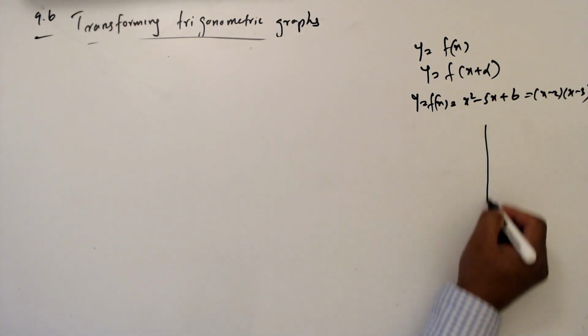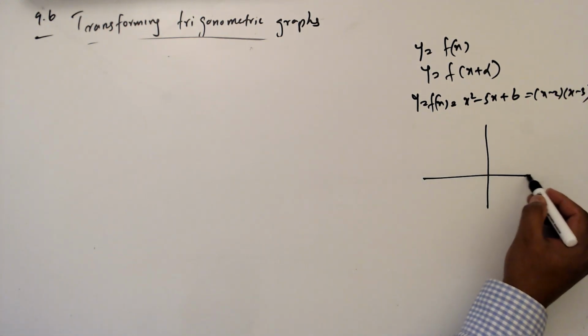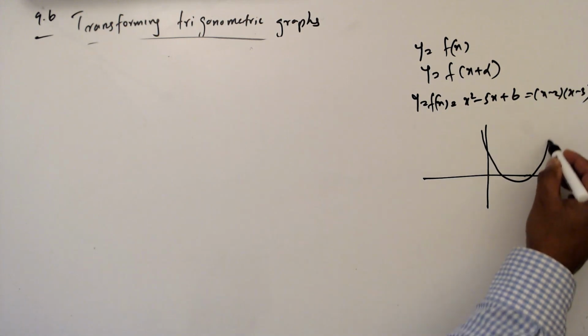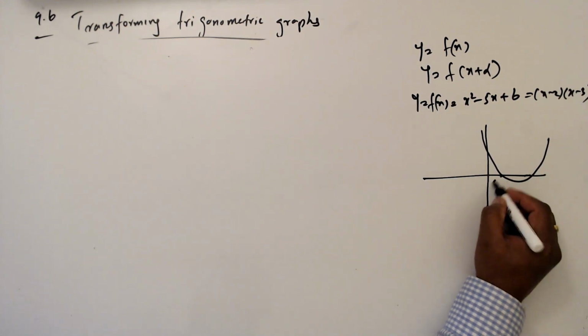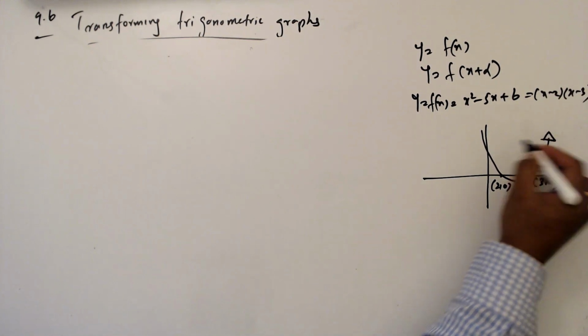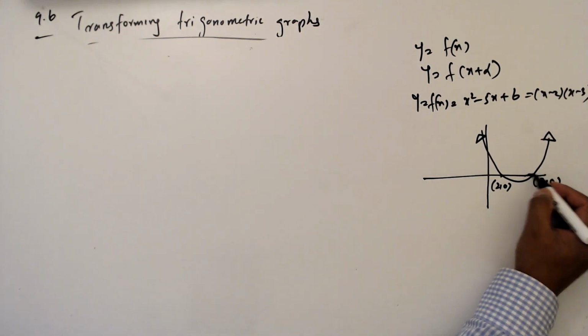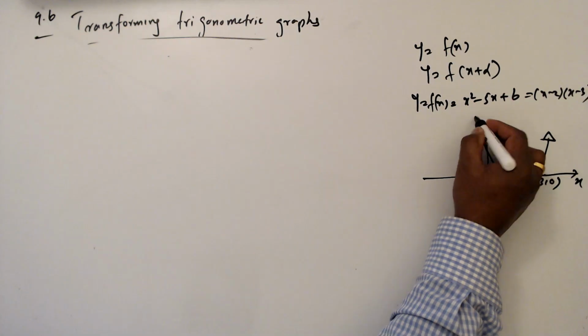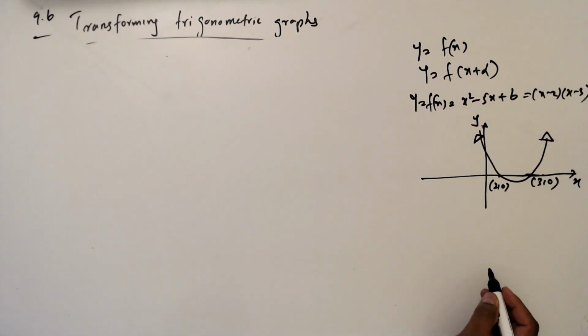So the graph is going to be like this, with points (2, 0) and (3, 0), on x and y axes.